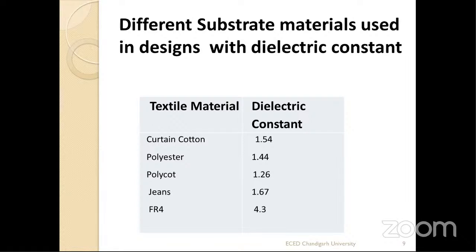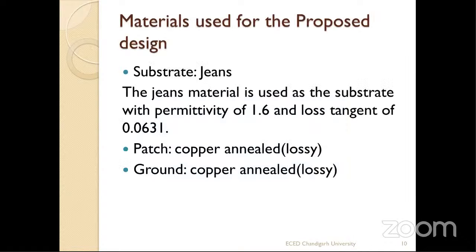I worked on jeans. In a few of my earlier researches I compared 2-3 textile materials and how the results came out. Jeans material comes out best for the ISM bands, and I also want to work on ISM and medical applications.